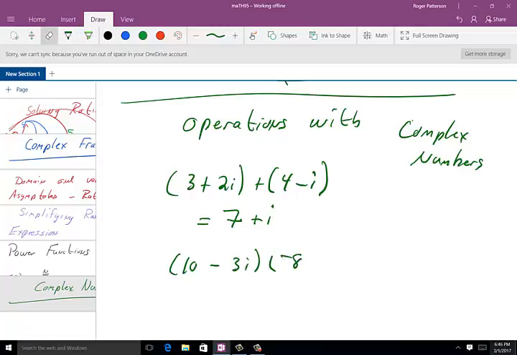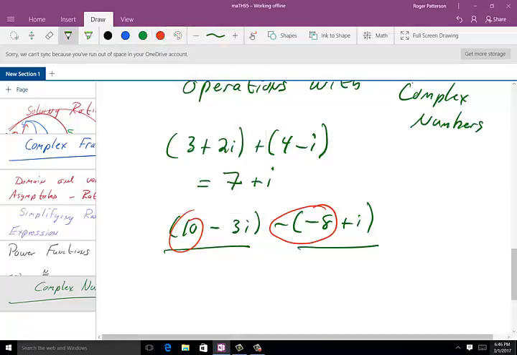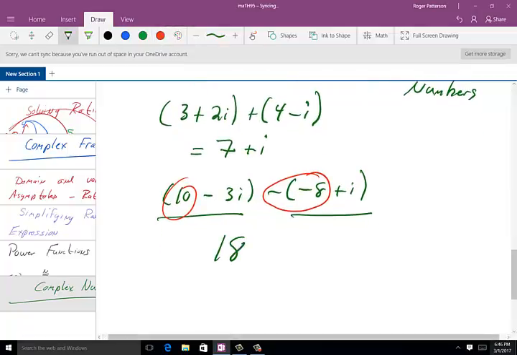Oops. I meant to subtract these ones. So, here's one, here's the other. We're just going to subtract them. We want to combine the ones that are like. So we have a 10, and we have a minus a negative. So what are we going to get there? 18. Very good. Then we have a minus 3i minus a positive i.